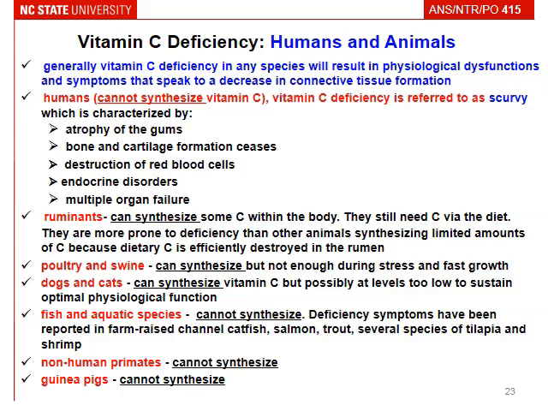So here's a list of our various deficiency signs in animals and humans. The deficiency really depends on which species you are referring to. For instance, humans cannot synthesize vitamin C, and the main deficiency, as you may have all heard of, is scurvy.